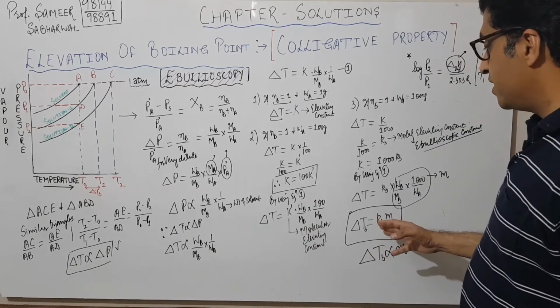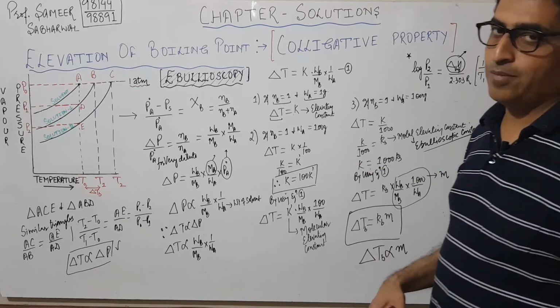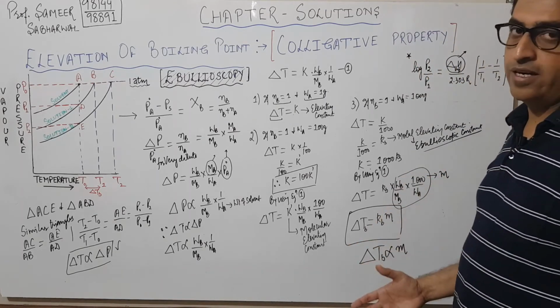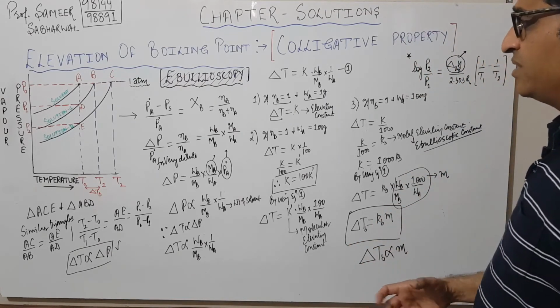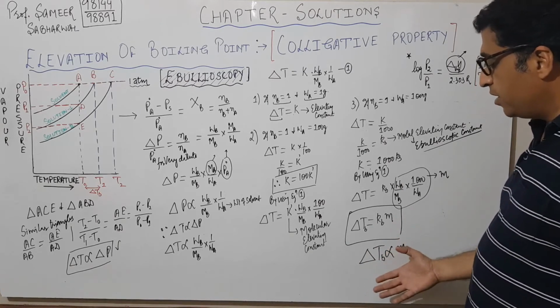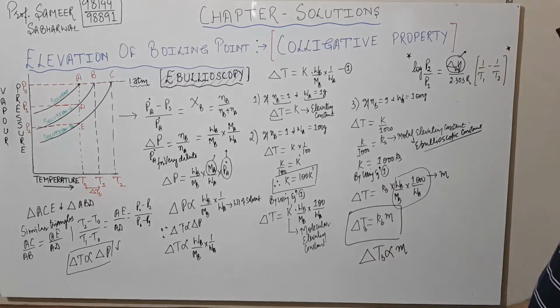KB is considered when 1 mole of solute is dissolved in 1000 gram of solvent. That is why we call this the molar elevation constant. Now it has become very easy for us to understand the whole concept, and why we use this formula delta TB is equal to KB m.